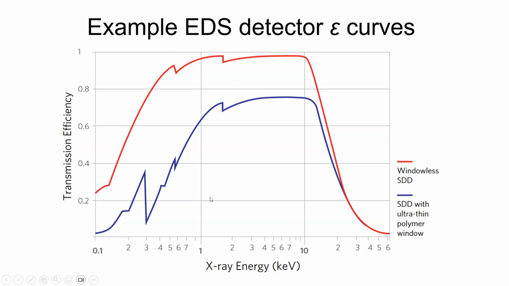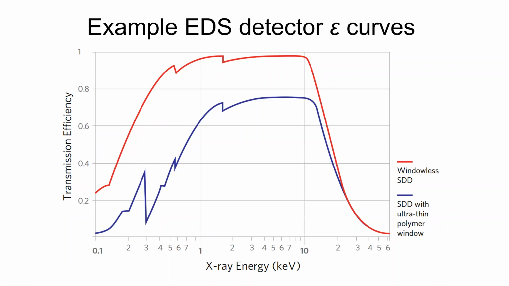Okay, so why does this happen? Maybe before we discuss that, let's look at the blue curve, right? So this is what happens when we put what's called a window in front of the detector. Okay, so we put a window in front of the detector, I get basically a pretty substantial drop in all of the efficiency values. Okay, so this is why now pretty much all of the EDS detectors that are being made are windowless.